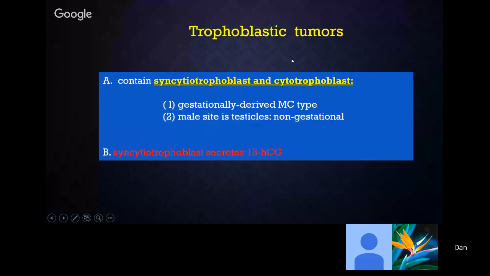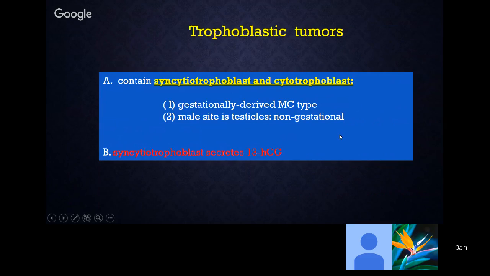The trophoblastic one, which comes from the placenta itself, obviously, here is the best timing to review your placenta tissue. You're going to have two parts, the syncytial and the trophoblast. And usually, this is what you call gestational type of tumors, which are the most common usually.